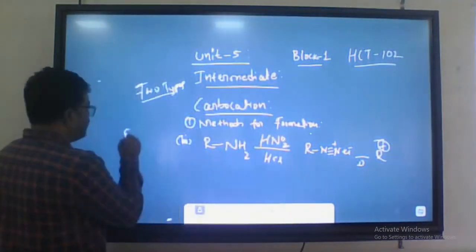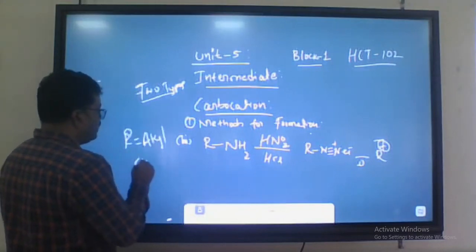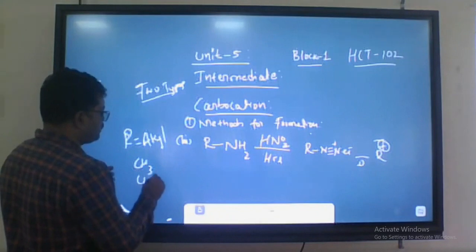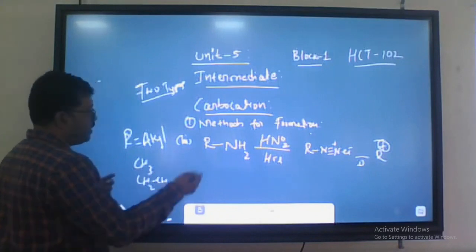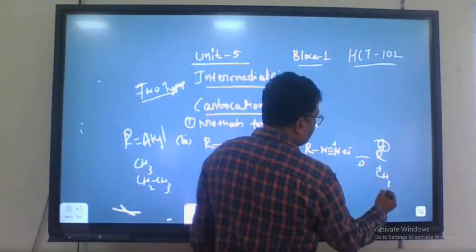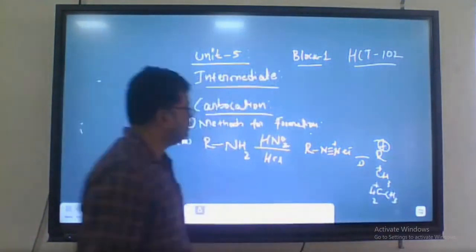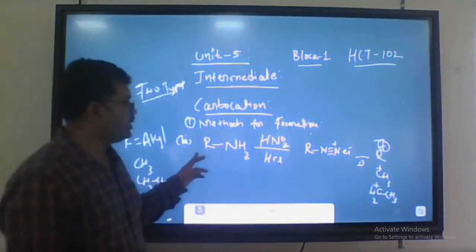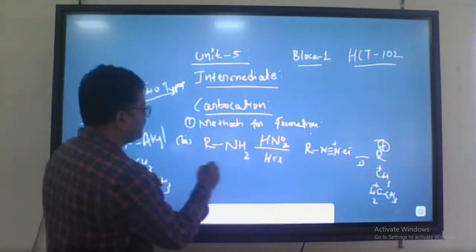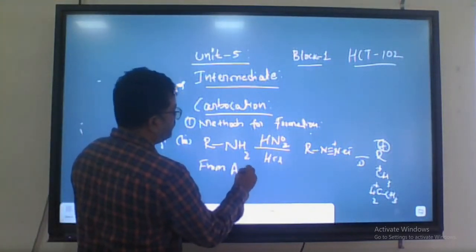Here R may be alkyl. Alkyl means maybe CH3, it may be CH2, CH3 methyl alkyl. R may be CH3 plus, CH3CH2 plus. The second method from what? From amine.